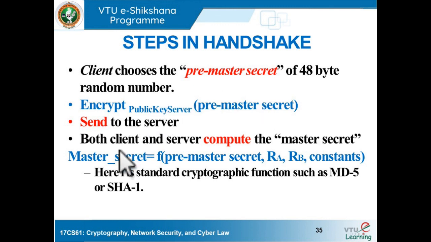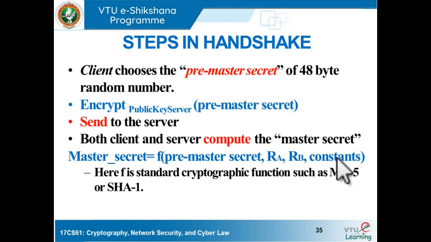Now both the client and the server compute the master secret. Now how is this master secret computed? The master secret is computed using F. F is an HMAC function. Now this HMAC function is applied on the pre-master secret, RA and RB, which, as we already discussed, are nonces, and also we have various constants.